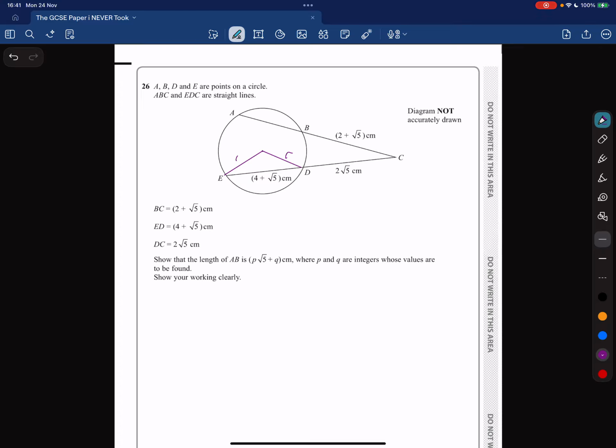Nope, the radius, and also radii. We're looking for A to B.